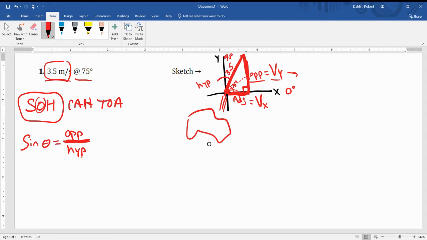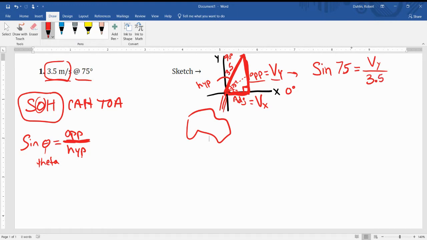So sine of our angle, theta, which is a Greek letter, gets replaced by the number for our angle, 75. Sine of 75 equals Vy, which I'm keeping as Vy to remind myself it's a velocity, divided by the hypotenuse, which is 3.5.